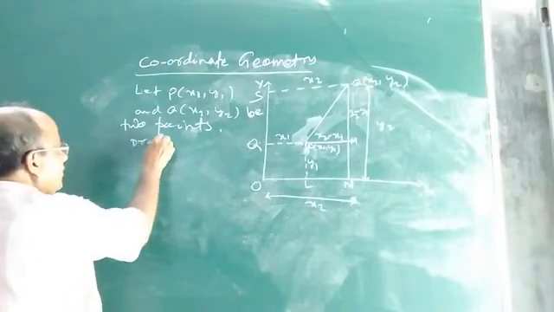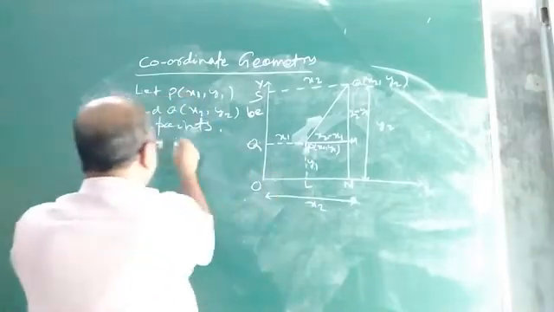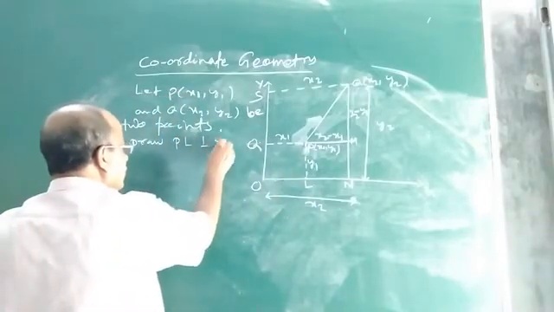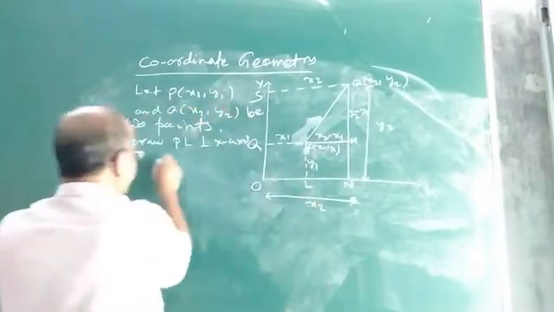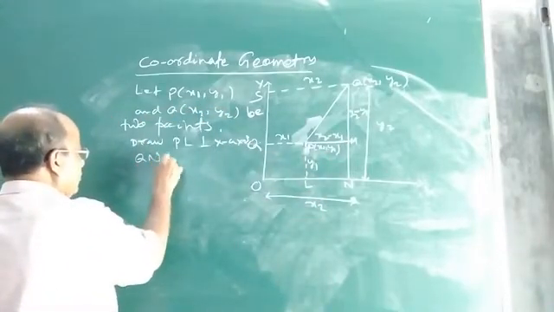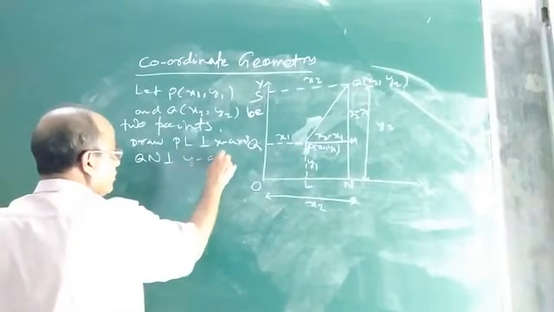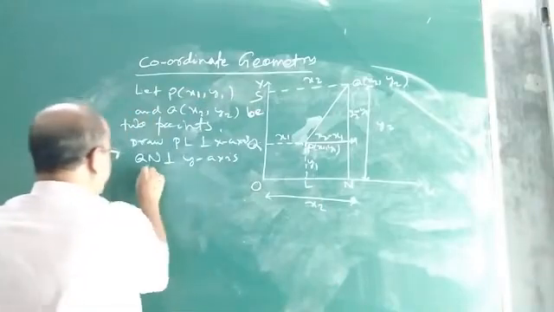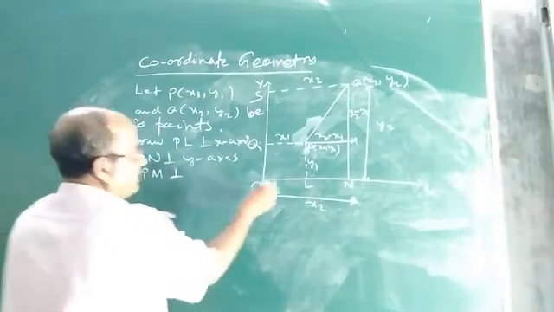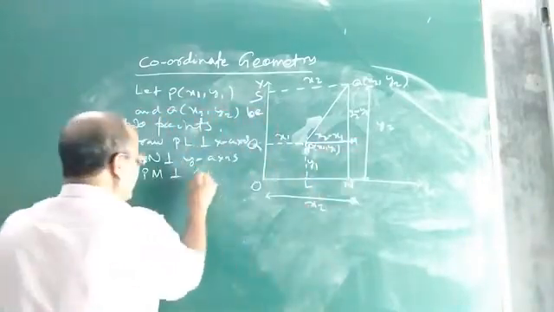Draw PL perpendicular to the x-axis, then QN perpendicular to the y-axis. Now PM is perpendicular to what? PM is perpendicular to QN.